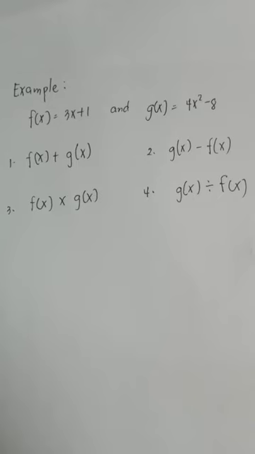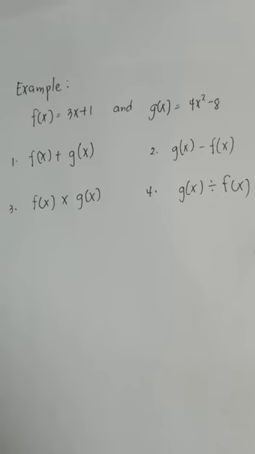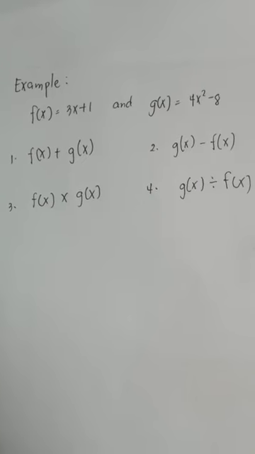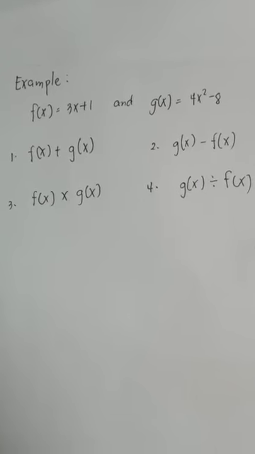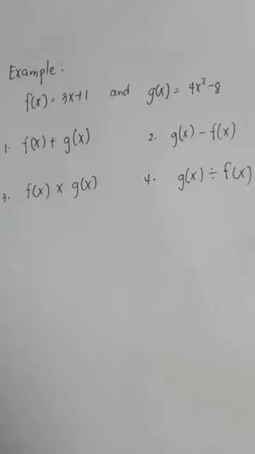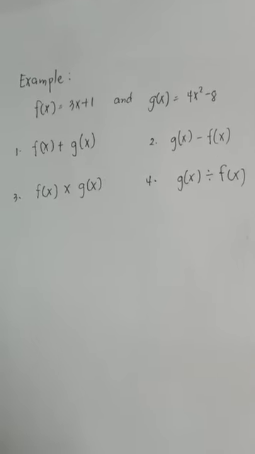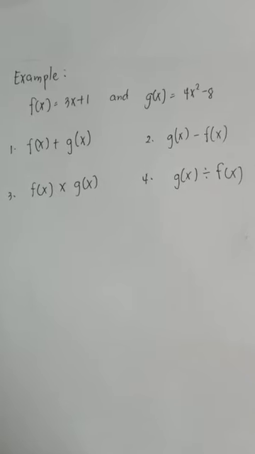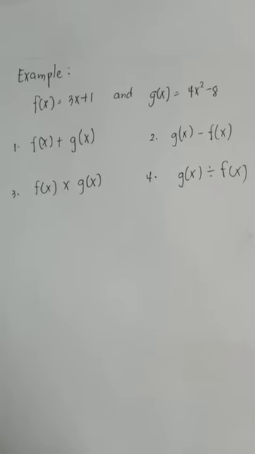Now let's try to solve this one. If these two functions add together, subtract together, multiply or divide, let's try to solve this one and learn how to process. So let's do first the addition.